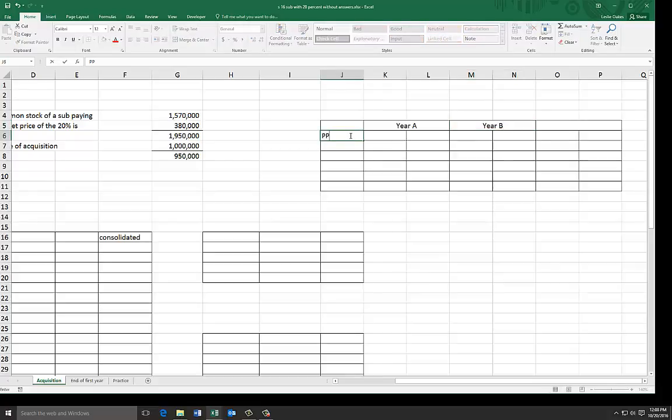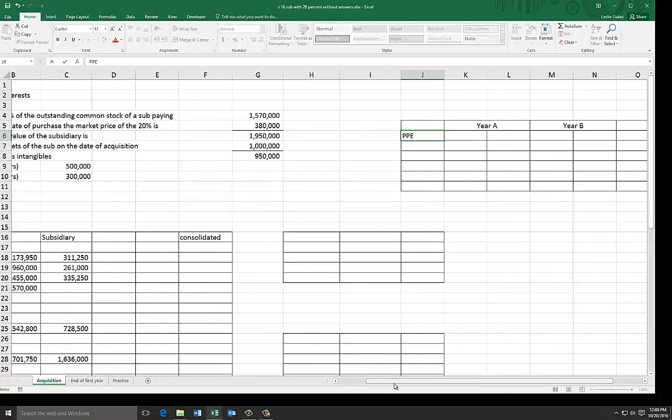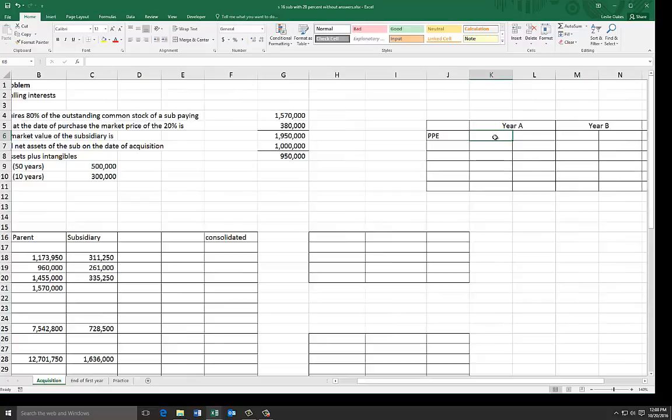We've got the property, plant, and equipment. If you go back to the problem, it has a $500,000 undervalue, so we're going to be adding that to our balance sheet. The impact of that on our income statement, 50 years, that seems a bit much, but anyway, is $10,000 per year. That means each year we'll have a reduction of $10,000.